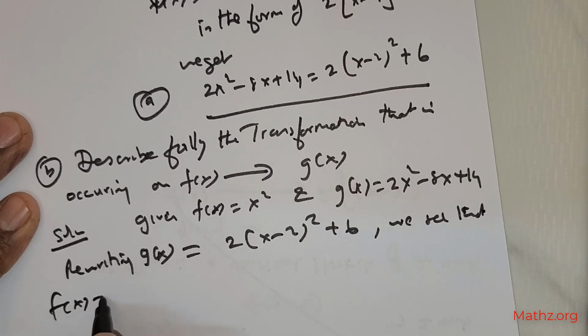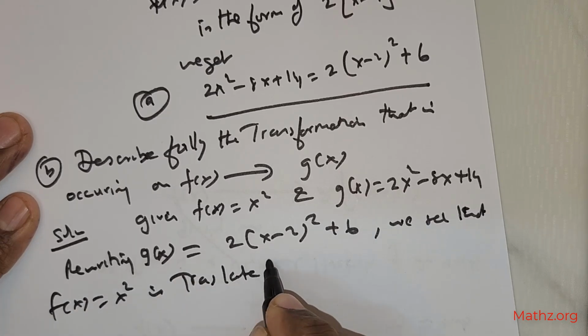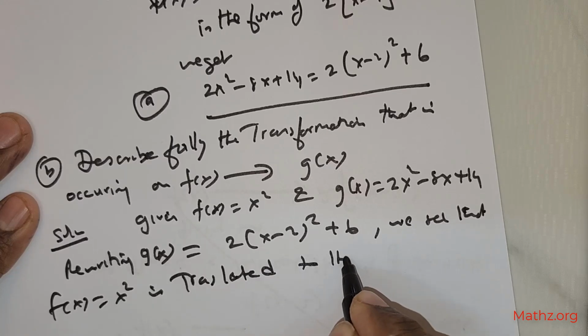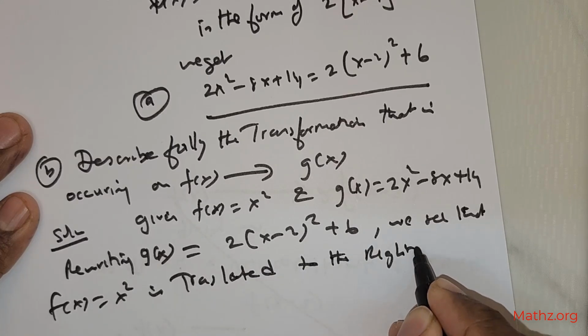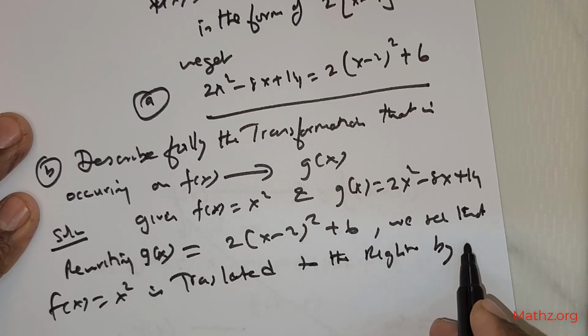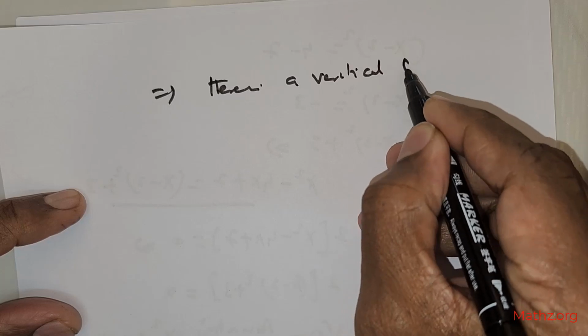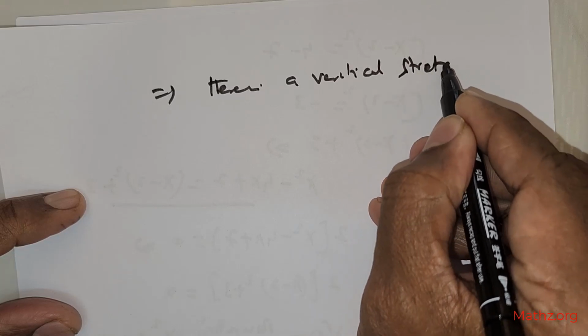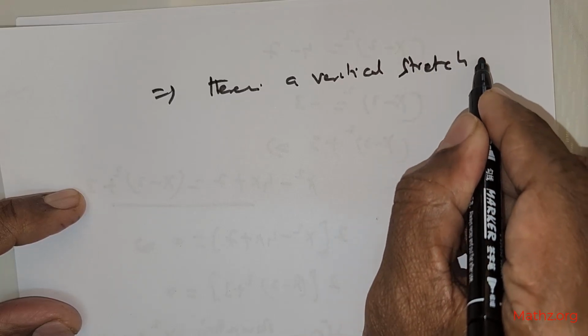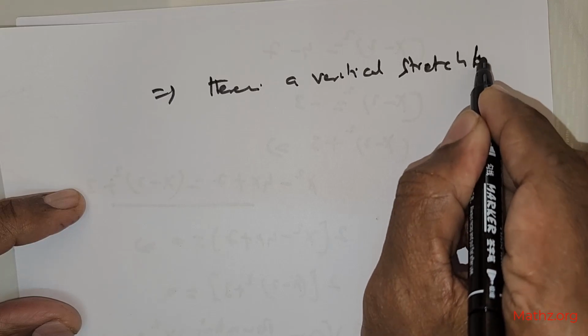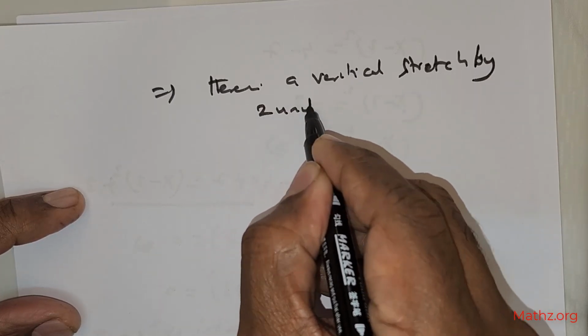f of x equal to x squared is translated to the right by 2 units. A vertical stretch, you need to specify that. By 2 units. You can just state that by 2 units.